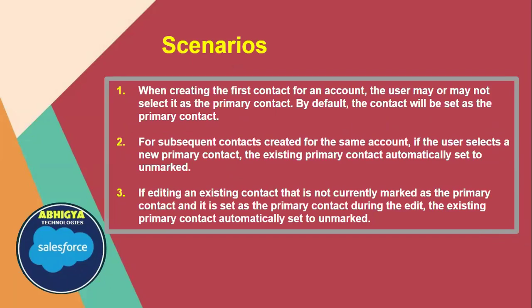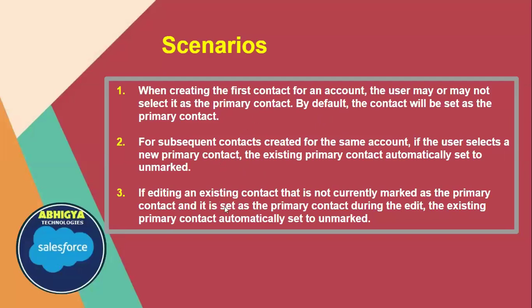Subsequently, we are creating another contact for the same account. If the user selects it as a primary contact, this newly created contact becomes primary, and we can uncheck the existing one, unmarking the previous primary contact.